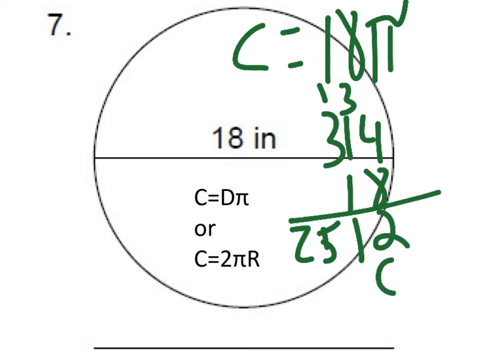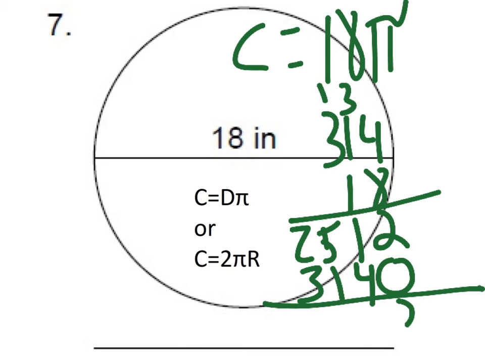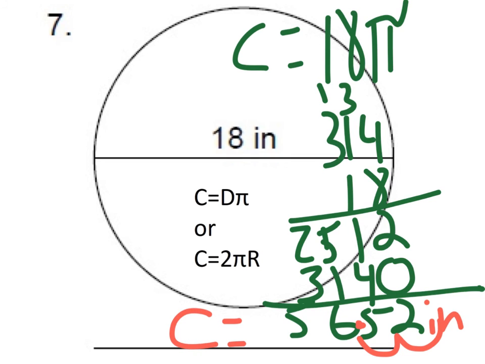Now we're going to drop the 0 down because we were in the 10 spot. 1 times 4 is 4. 1 times 1 is 1. 1 times 3 is 3. And then once we add it up, we get 56. And we're going to move the decimal back to the left twice. 0.52 inches. That is the circumference.